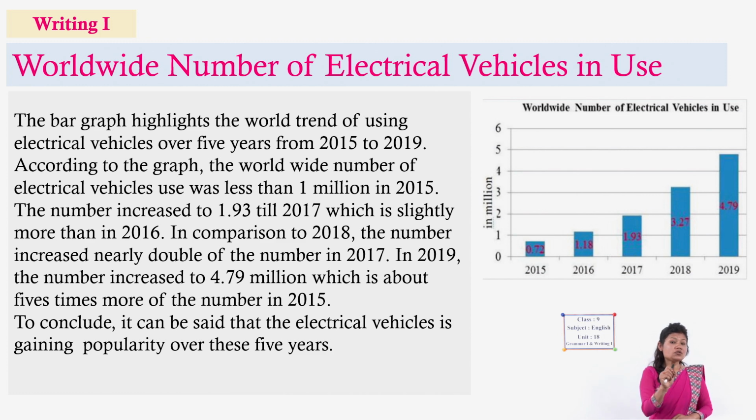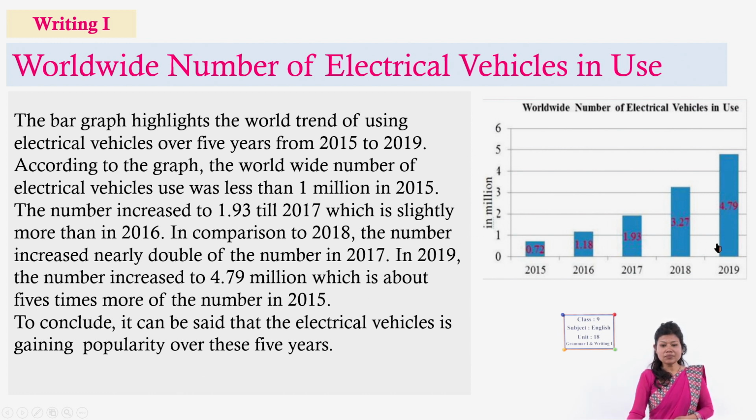In comparison to 2018, now go to 2018, the number increased nearly double of the number in 2017. Look here, the number in 2017 is 1.93 million and then it increased to 3.27 in 2018. So it means nearly double. If you calculate, yes, it is about double, yes, it increased. Then in 2019, the number increased to 4.79 million, which is about 5 times more than the number in 2015.